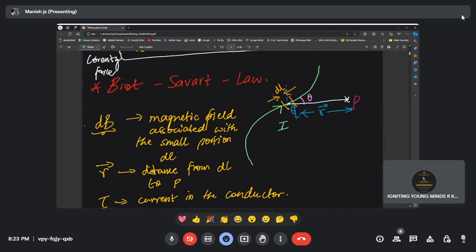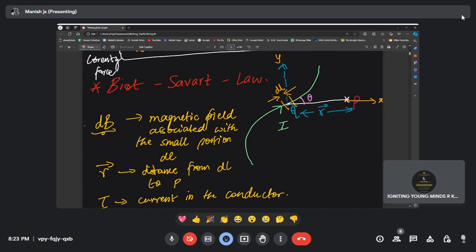If there are two axes, x and y, you can see that dl is making an angle of theta with x, the way I have drawn.